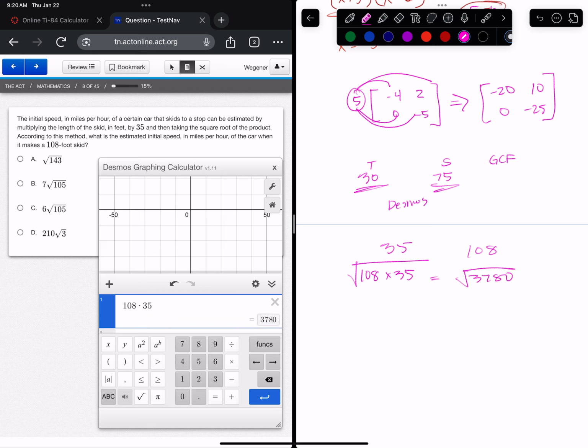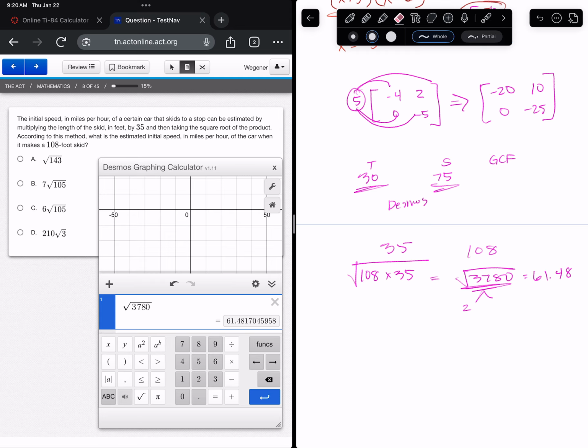On the calculator, you could go ahead and put in the square root symbol and then 3780. Notice how I got 61.48. Now, I could go ahead and do the factor tree to find what this simplifies to, but I do not have time on the ACT to do that.